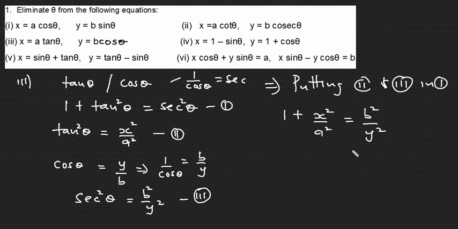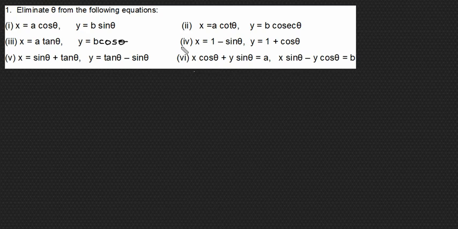This is the required equation. Again, you can put the algebra on the other side, so we can get b squared over y squared, then minus, if you take this on the other side, x squared over a squared equal to 1.